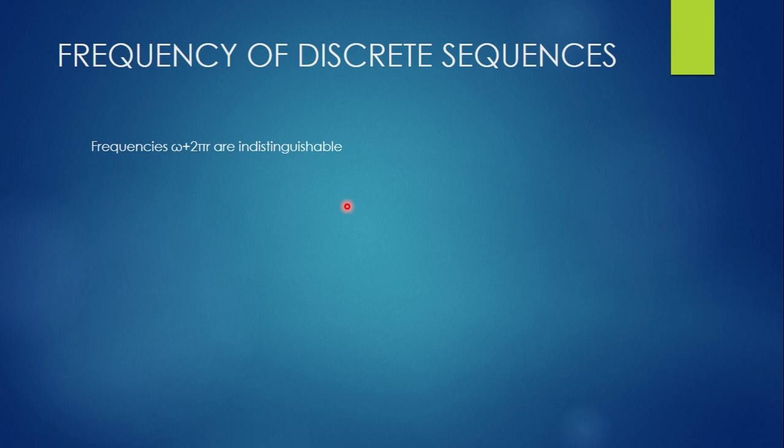All are indistinguishable. Suppose we have a discrete signal having a frequency of pi. Another sequence is 3 pi. Both sequences will be the same. We will see why, as it is mathematically proven.